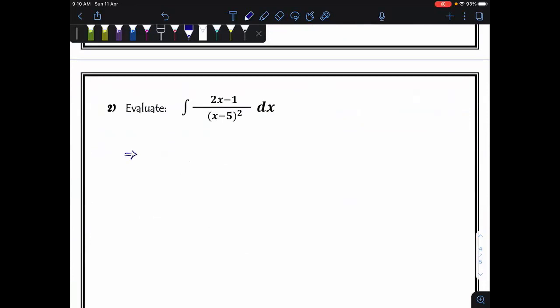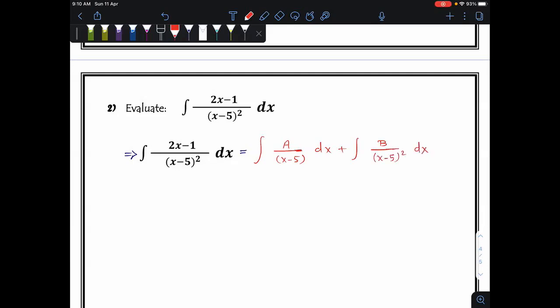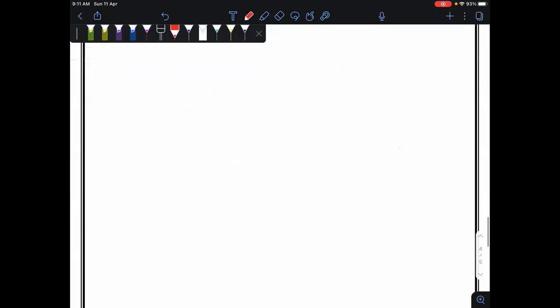Simply we can say here, the integral of 2x minus 1 over x minus 5 all to the power of 2 can be written as the integral of a over x minus 5 dx plus the integral of b over x minus 5 all to the power of 2 dx. Easy here, right? And then complete.